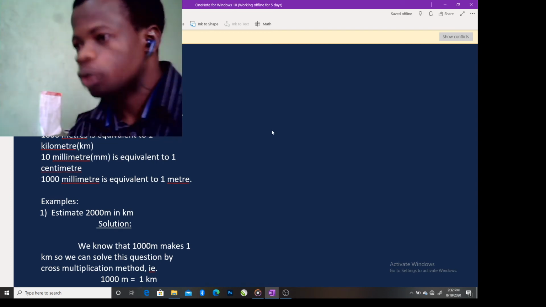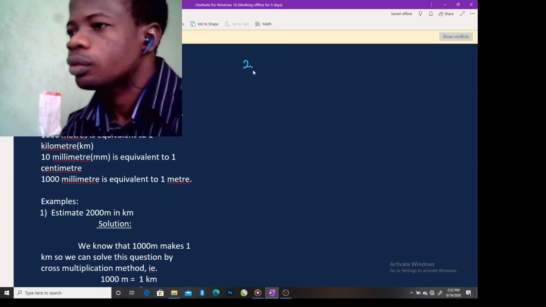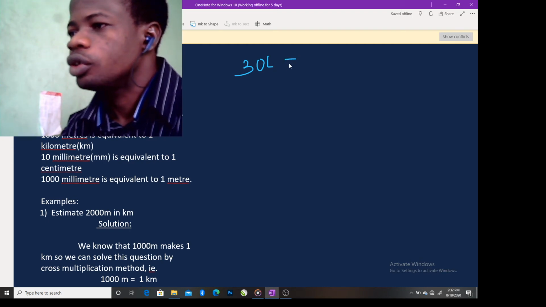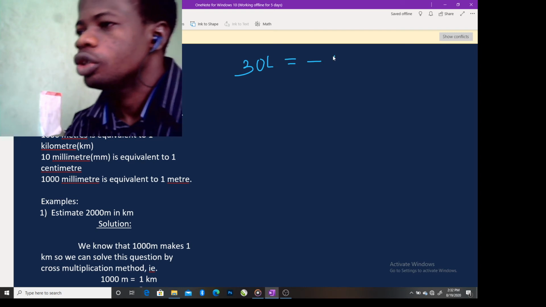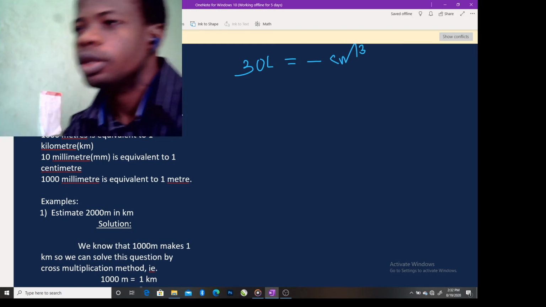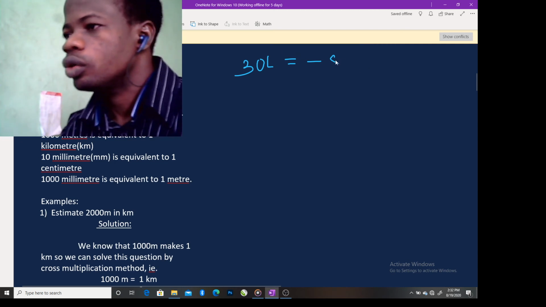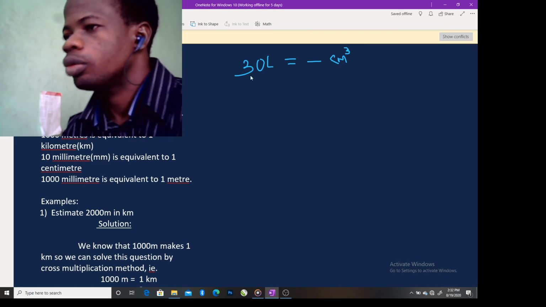You are told to express, say, 30 liters is equal to dash centimeter cube. Let me write this again, it's not looking as it should look. So you have centimeter cube.